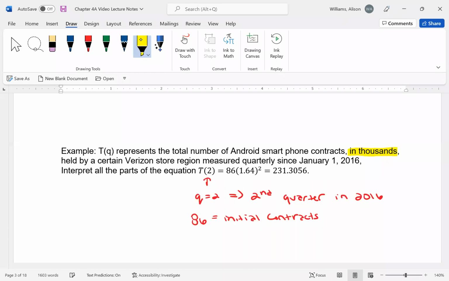So when they write 86, that's not just 86, it's 86,000 initial contracts at the start of 2016, or you could just say January 1st, 2016.